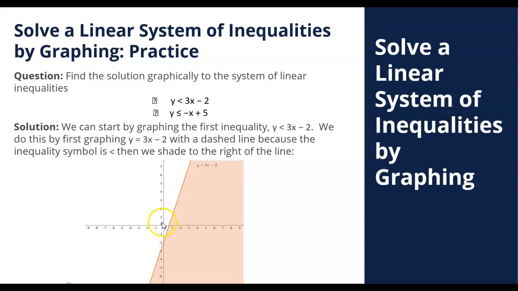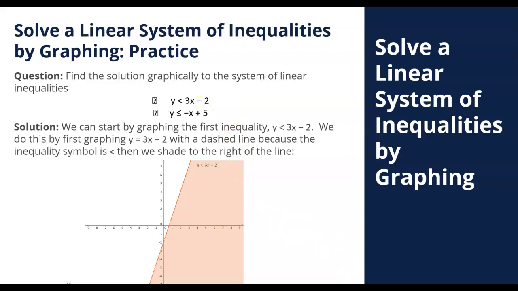Therefore, the region containing the test point does not satisfy the inequality, so it's the opposite region. So it is this shaded region here that satisfies the inequality y less than 3x minus 2.